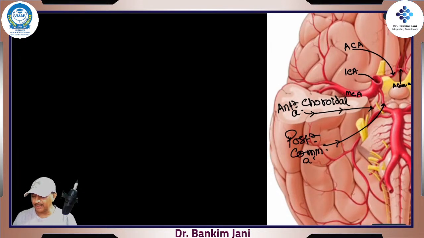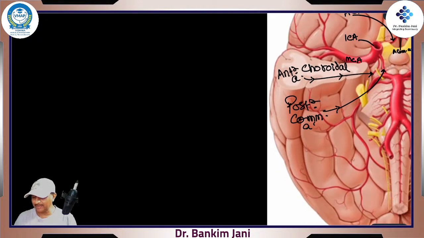For the rest of the arteries, you will be able to identify them so quickly, right? See how beautifully this is the vertebral artery. They are both joining to form what is called the basilar artery. This one is the posterior cerebral artery, right? All these are pontine arteries. Easy. Then we have the superior cerebellar and the inferior cerebellar arteries.